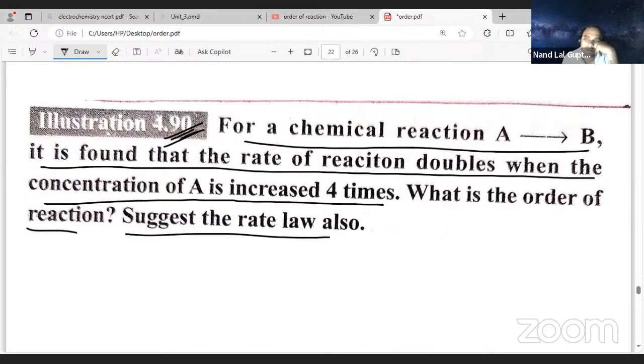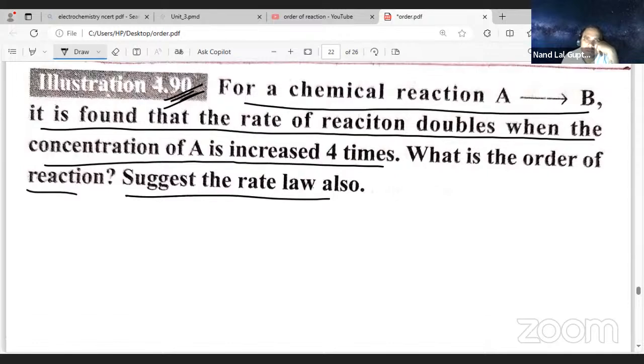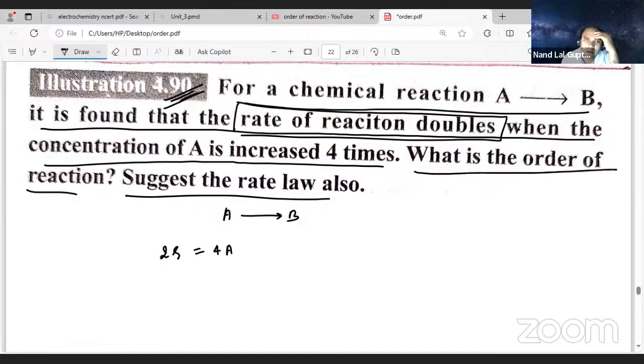Suggest the rate law also. It is found that rate of reaction is double, so this will become 2R, when concentration of A is increased 4 times.